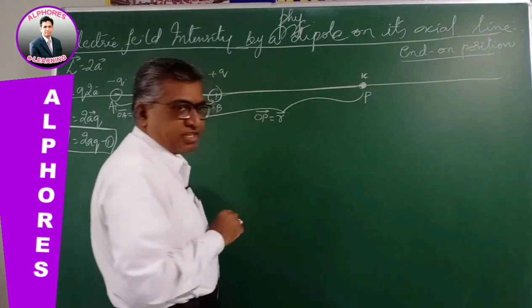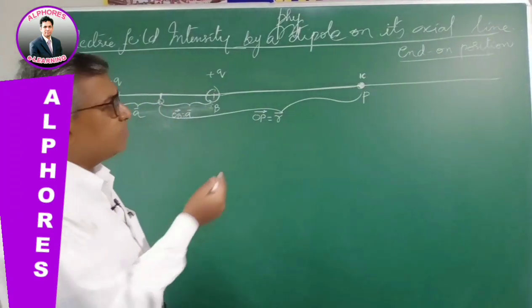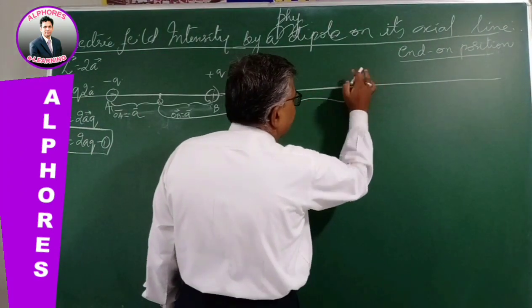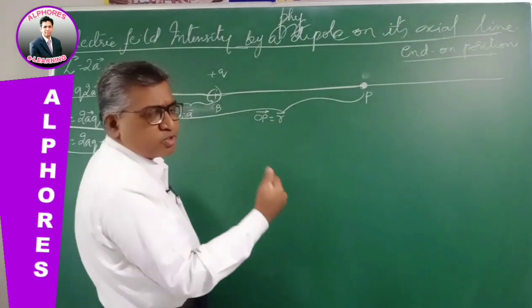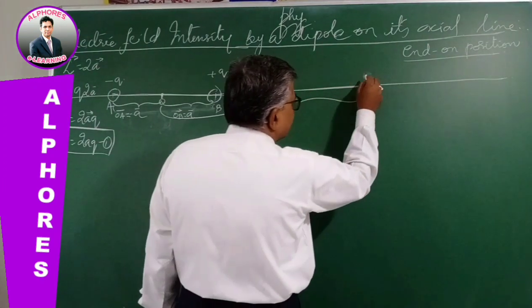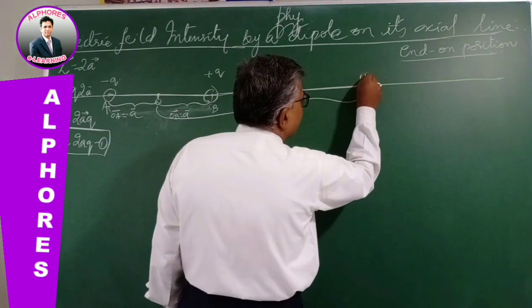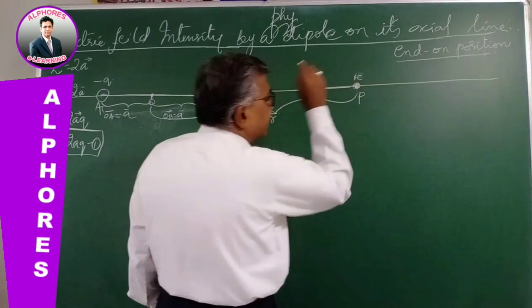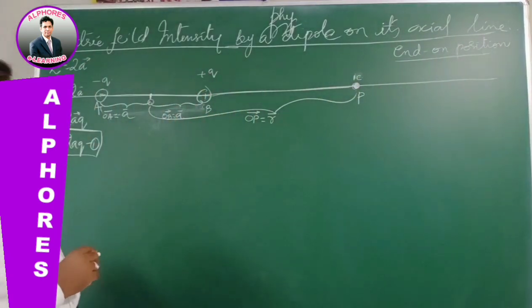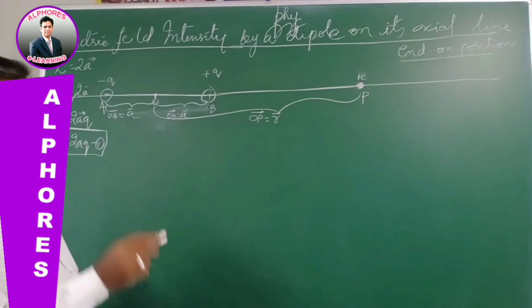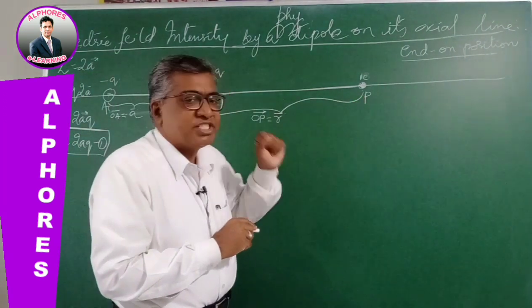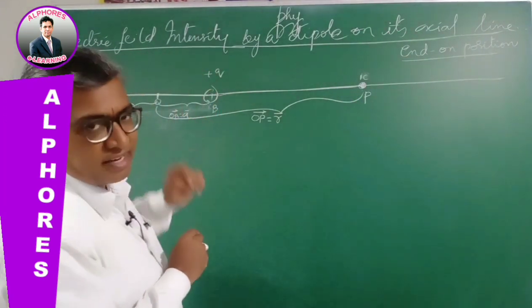Or you can even imagine a charge Q0, and later, applying the definition, force per charge, you can get it also. So let us imagine a 1 coulomb test charge.